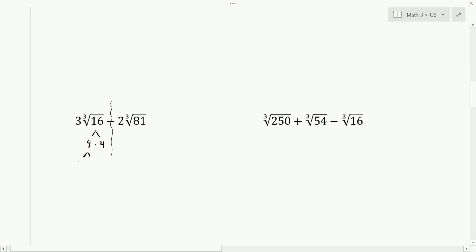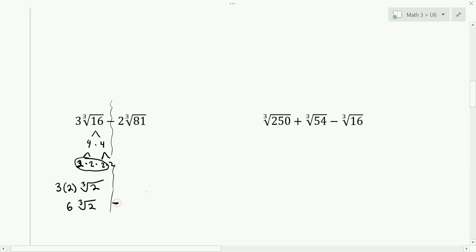And we're looking for sets of 3 things. Sorry, that's 2 times 2 and 2 times 2. So we get a set of 3 2's, 1 remaining. And we already had a 3 out in front, so this is going to be 3 times 2 times the cube root of 2, or 6 cube root 2.